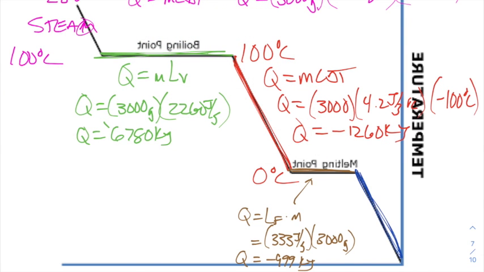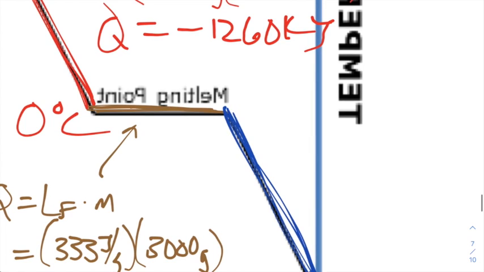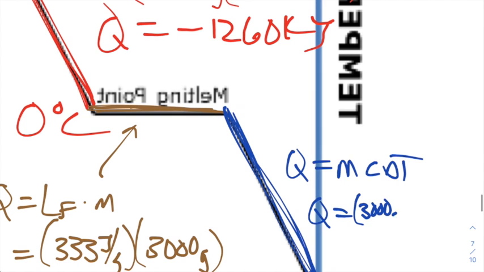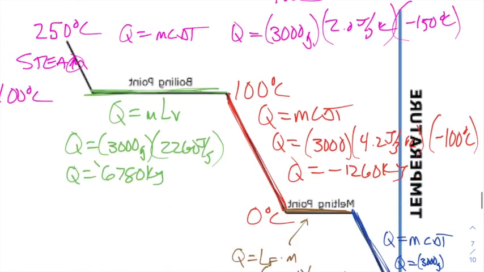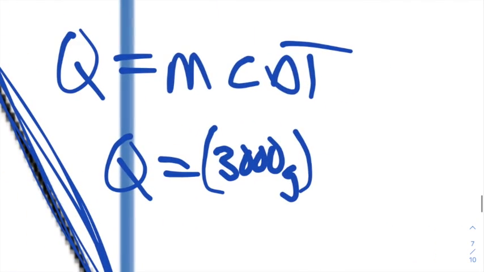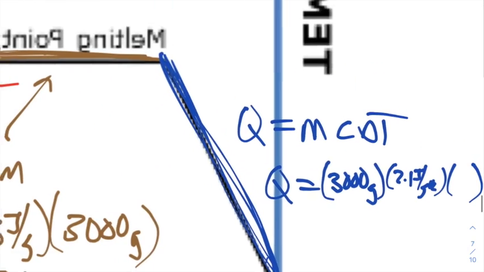Last step is this guy here. So I have to cool a solid. So that's now back to Q equals MC delta T. So that's going to be 3,000 times my new specific heat capacity for the ice. The specific heat capacity for my ice is up here at 2.1 joules per gram degree Celsius.